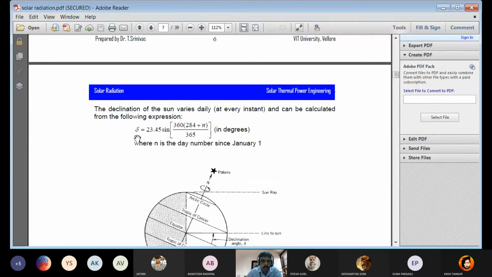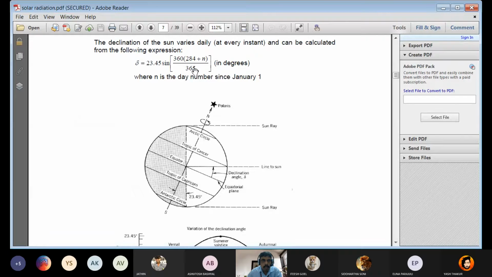January 1 is 1, January 31 is 31, then February 1 means 32, February 2 is 33, like that it goes. It is a cumulative number. This equation is needed for your calculations, so note it down in your notebook.